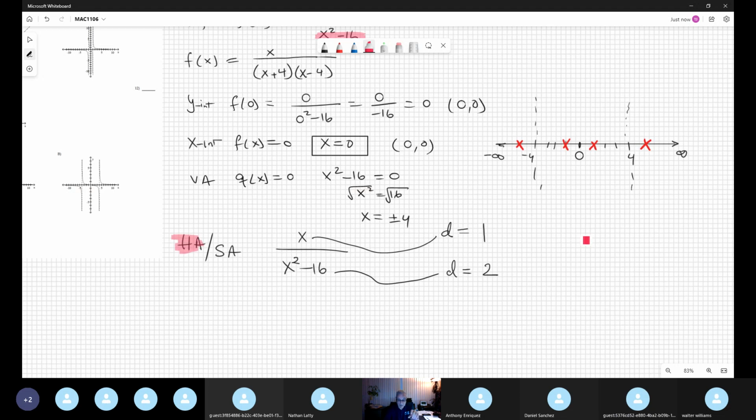So I repeat again, please recall this idea. Horizontal is more popular. Horizontal happens in 2 cases: when the degrees are the same, 2, 2, 3, 3, or in this special case, when the degree of the denominator is bigger than the numerator's. Degree 1, degree 2 is okay. Degree 1, degree 3 is okay.